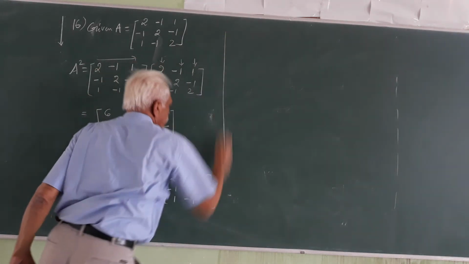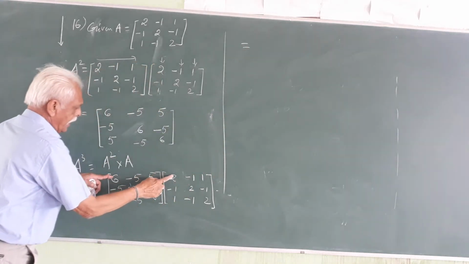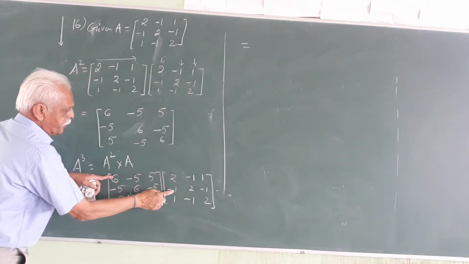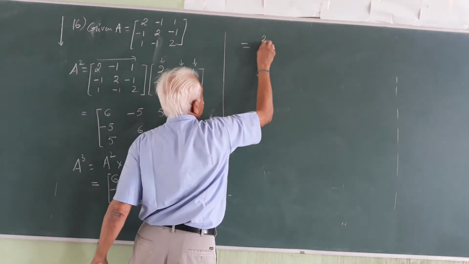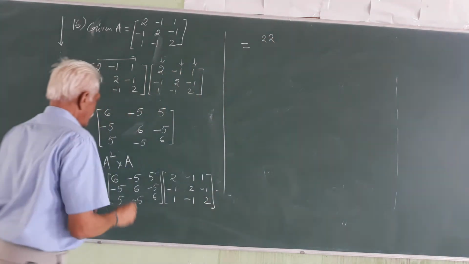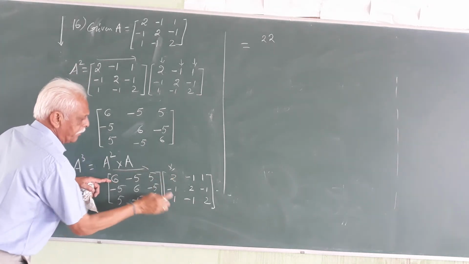It is nothing but first row into first column: 12 plus 5 plus 5, that means 22.